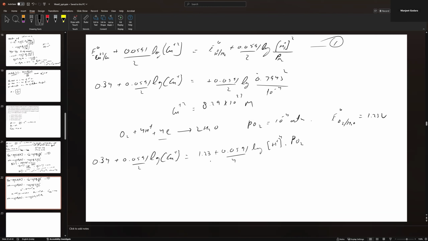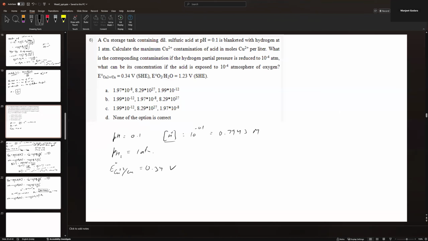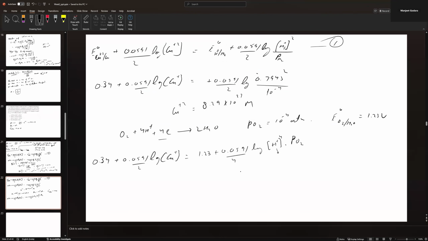So this you're given. The H+ ion concentration, let's just take. 0.34 plus 0.0591 by 2 log of Cu2+ equals 1.23.